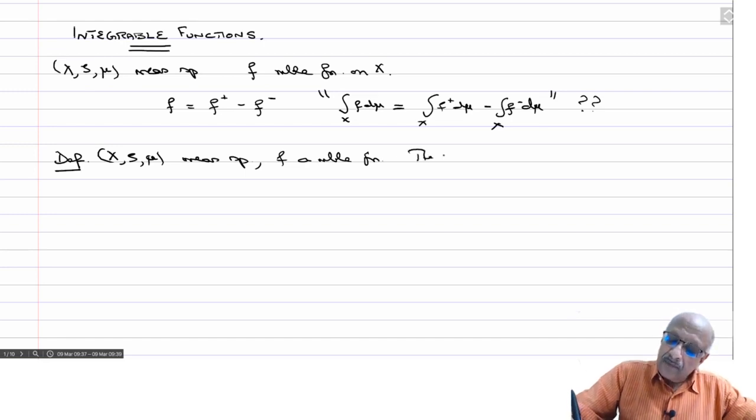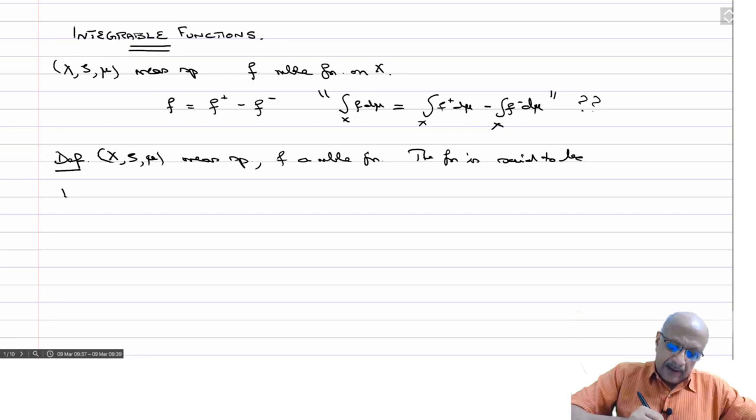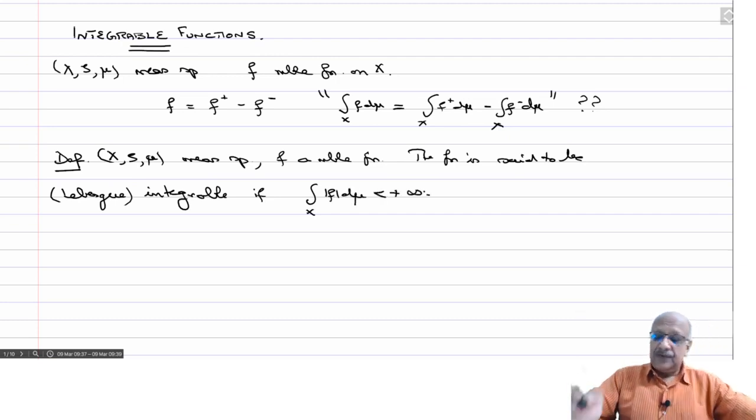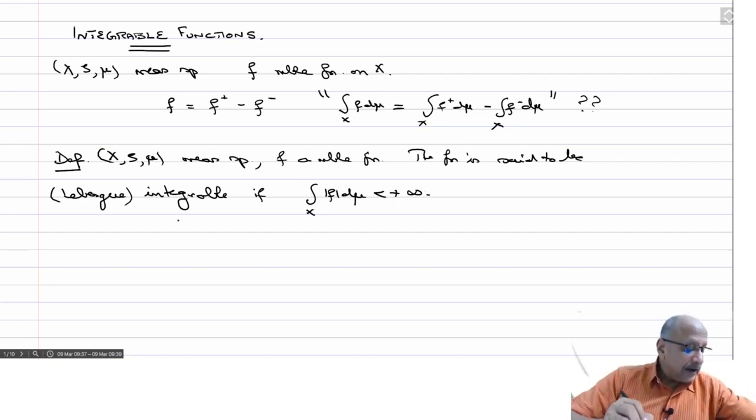The function is said to be Lebesgue integrable. We will just say integrable in future. We want the integral over X of mod f dμ to be less than plus infinity. So such a function is said to be an integrable function.